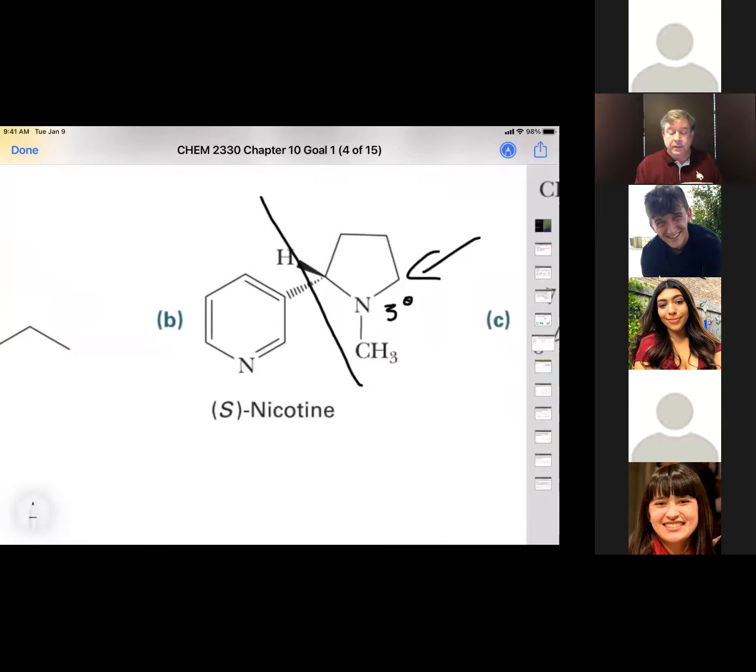Let's look at this side over here. What's this? It has three carbon bonds, but what else? Was there a special name for it? Aromatic. Heterocyclic aromatic amine. Yeah.